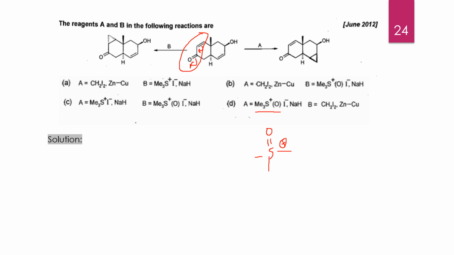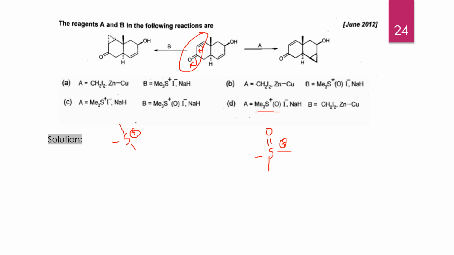So this is called sulfonium. The structure will be like this. One is sulfoxonium, another is sulfonium.